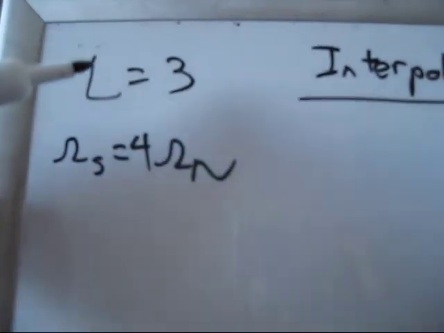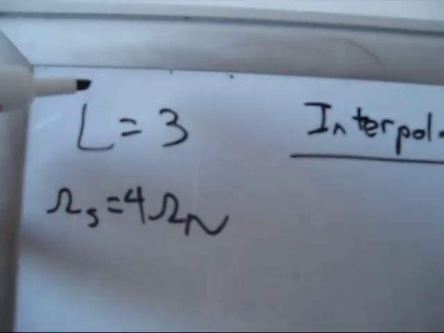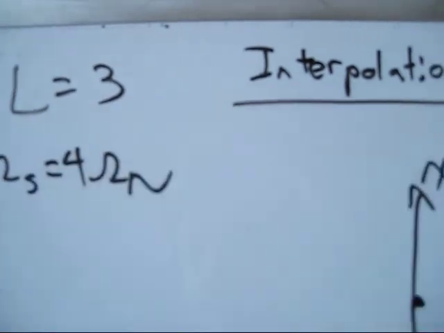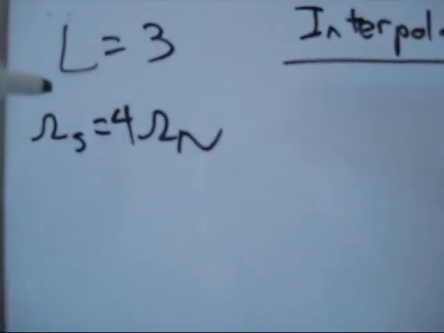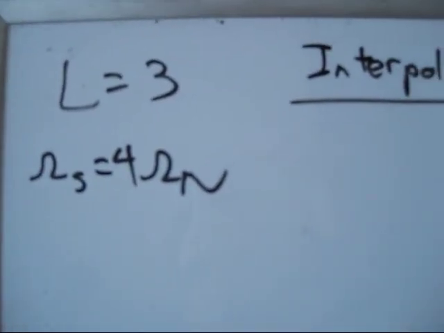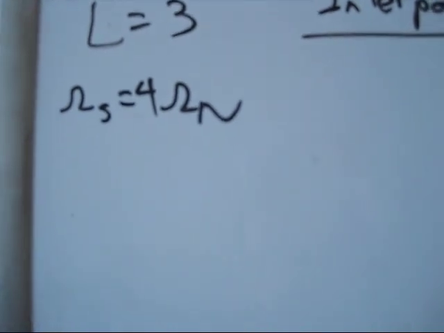Instead of from the time domain, let's talk about it from the frequency domain. So let's go with these settings right here that I've written down. We're going to interpolate by 3. So we're going to upsample by a factor of 3, and our original signal was sampled at 4 times the Nyquist frequency. So what does that leave us with?